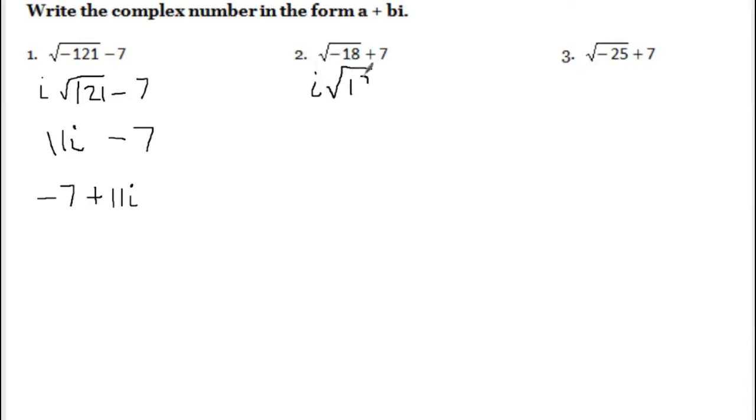So then you have i times the square root of 18 plus 7. You're going to simplify the square root of 18 the way we've been simplifying. So 18 is 9 and 2. So you get 3i square root of 2 plus 7.